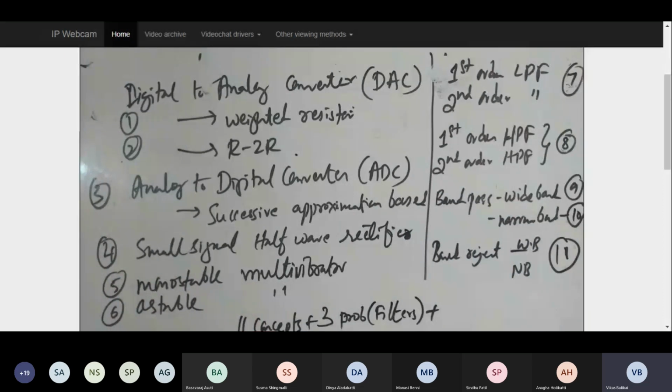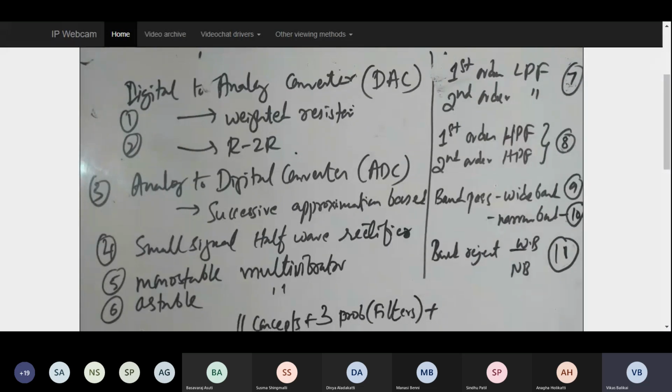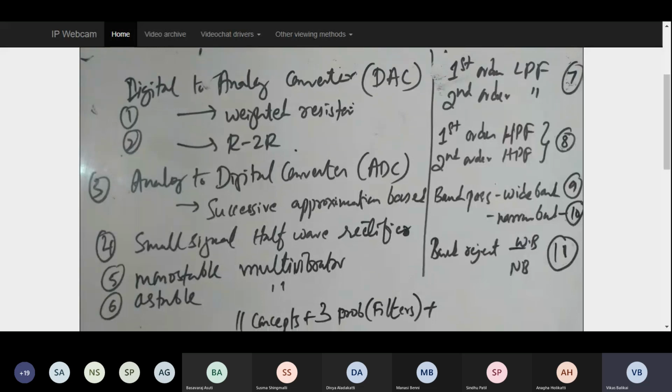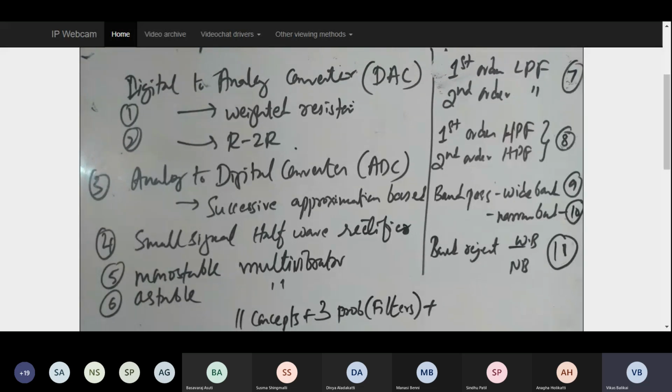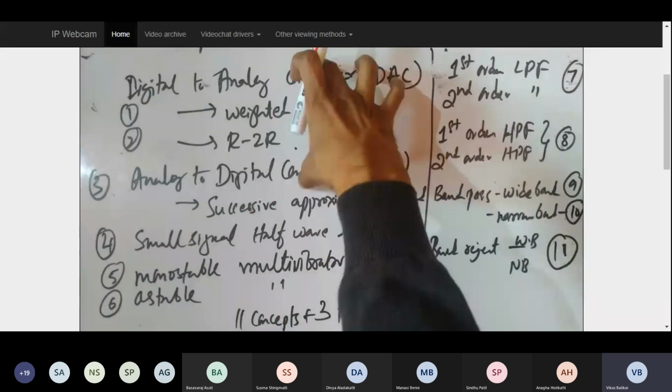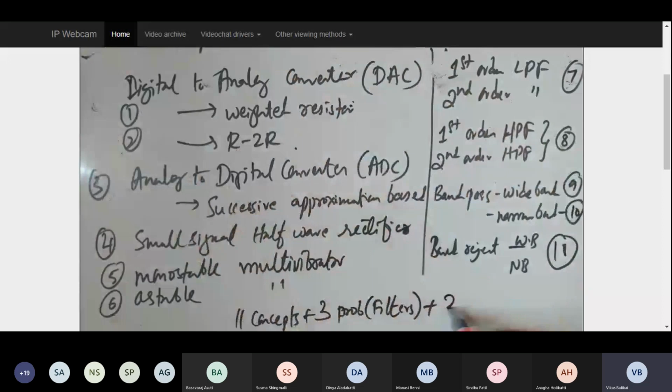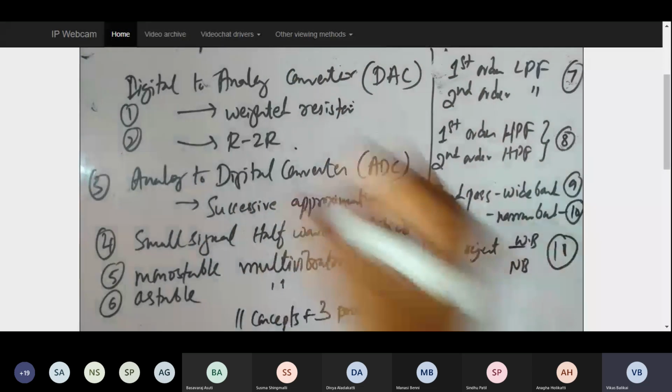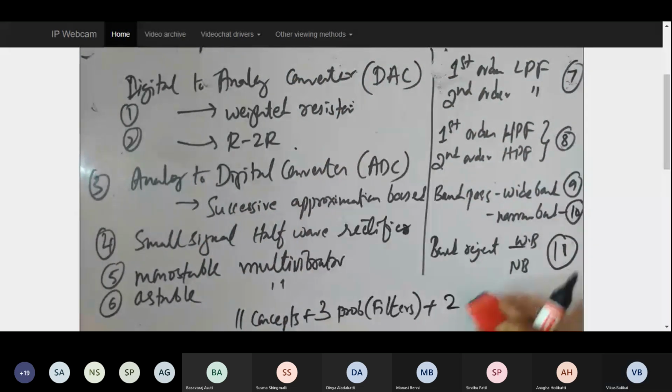In A to D and D to A converters you would have seen the concept. After that, there is only one equation. In that one equation, what problem will he give, he will be giving binary bits. You need to substitute the values on the binary bits and you are supposed to get the result. So our problems will not be that complex and that tough. But still I can say one problem on the concepts above and one on the concepts below, two problems on these concepts. So altogether 11 concepts plus 5 numericals.